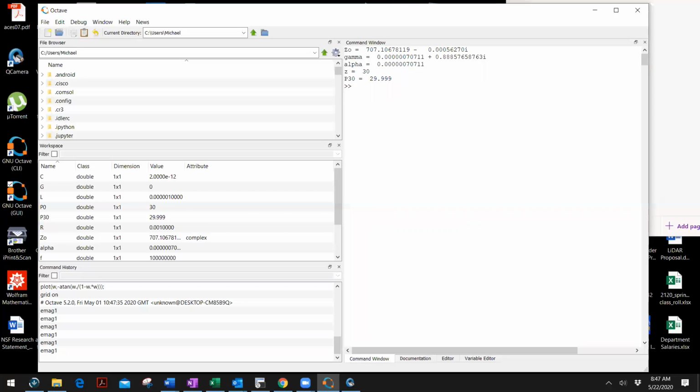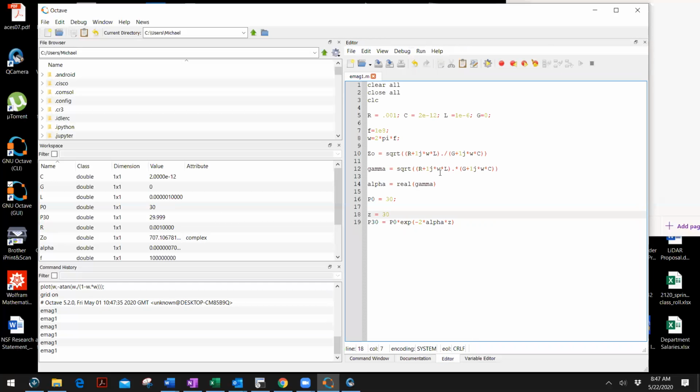All right, now back to this thing in the editor. Now I'm going to change a few things.